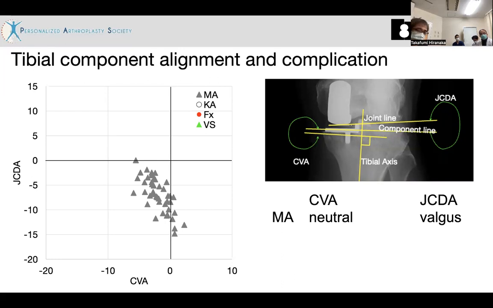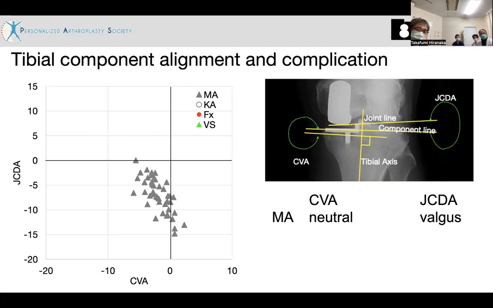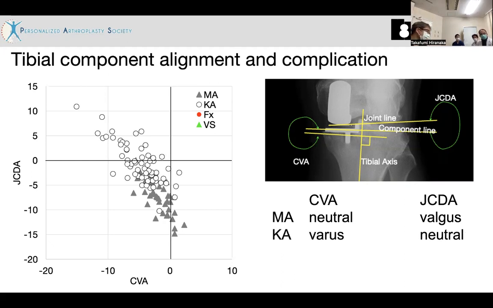So the proximal part can move slightly medially. As a result, the bone cut can be slightly varus. And sorry, so the component is placed in valgus against the joint line. But in the kinematic concept, of course, the component is placed in valgus in terms of the tibial axis, but virtually parallel to the joint line.